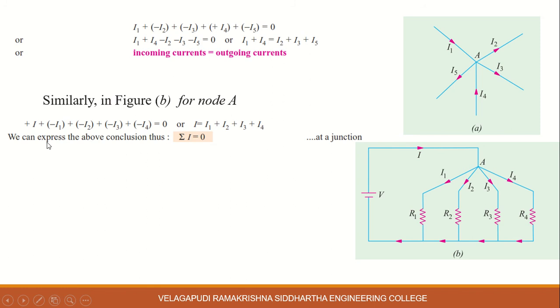We can express this conclusion as the summation of I equal to 0 at a junction.